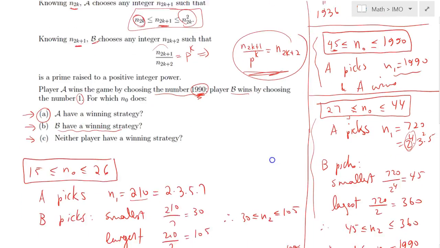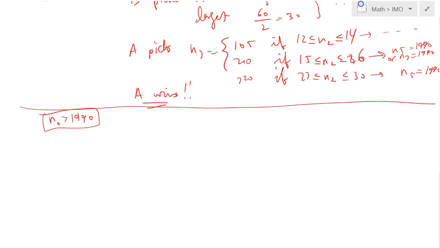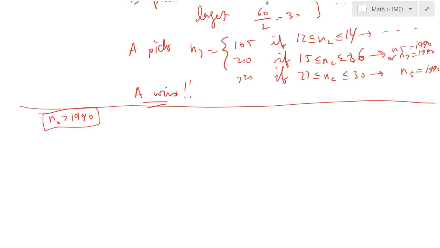So let's say that eventually A receives a number N sub 2k from B.